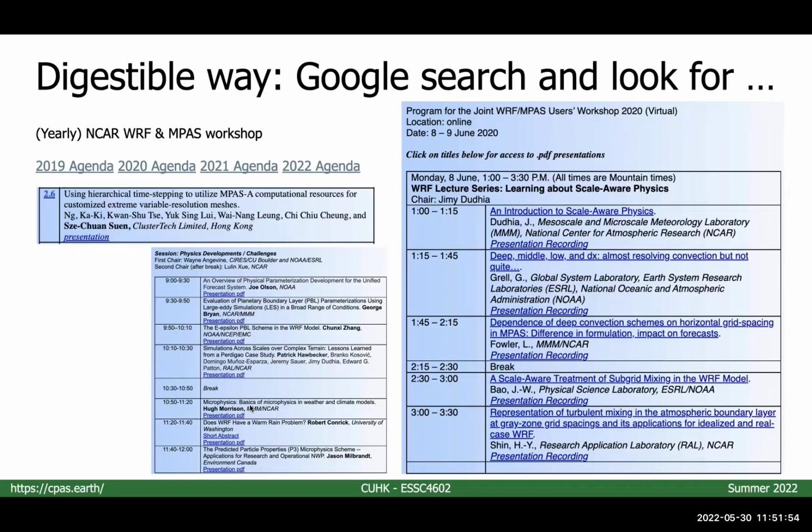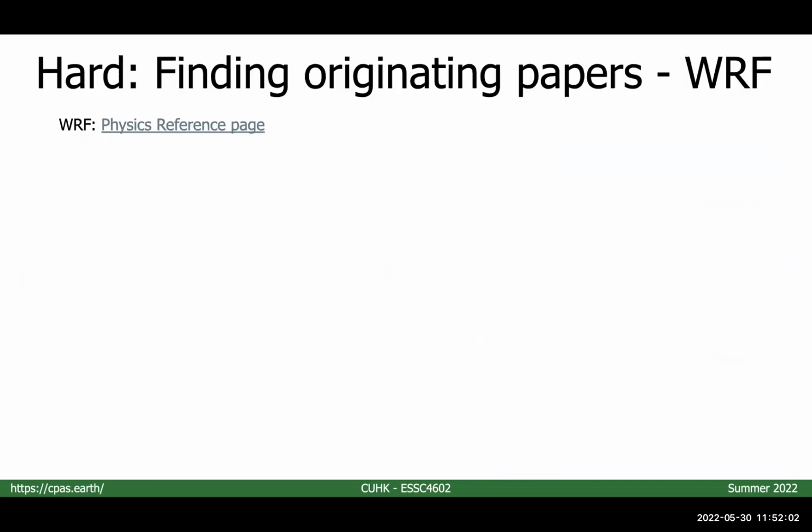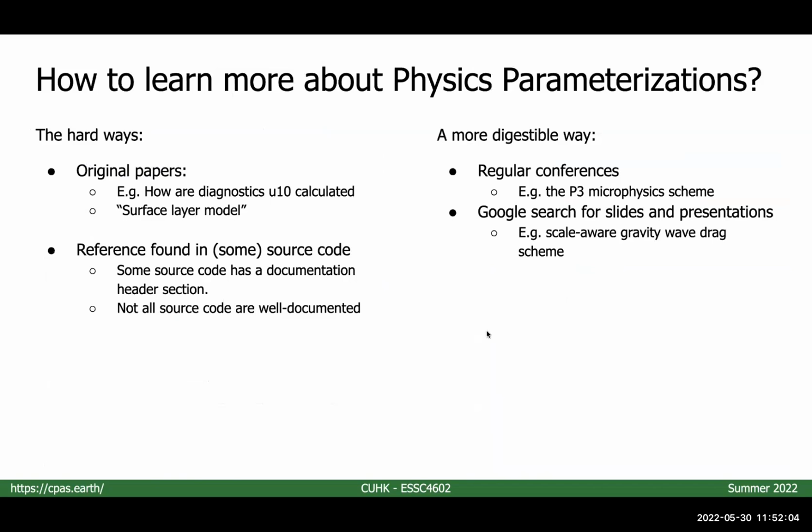Okay, microphysics, this one is an interesting topic. I pick it as an example. So currently you have only two choices of microphysics scheme, which are quite complicated, and actually the performance is not very satisfying.